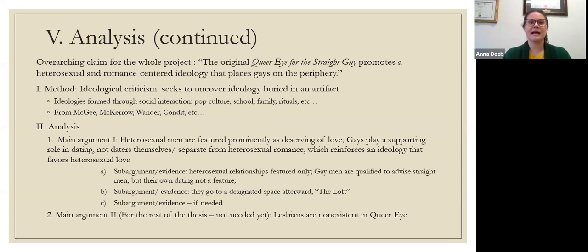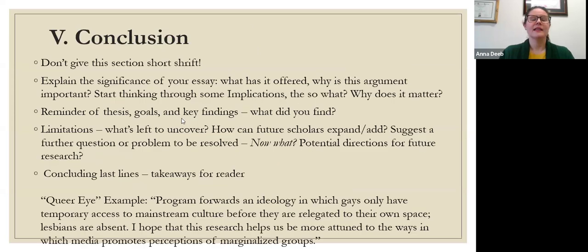And then I'd explain how this all feeds into an ideology and why we need to be critical of that kind of ideology that doesn't leave space for people of marginalized identities. I hope that gives you an idea of one way to structure an analysis with sub-arguments. That being said, let's move into the conclusion.